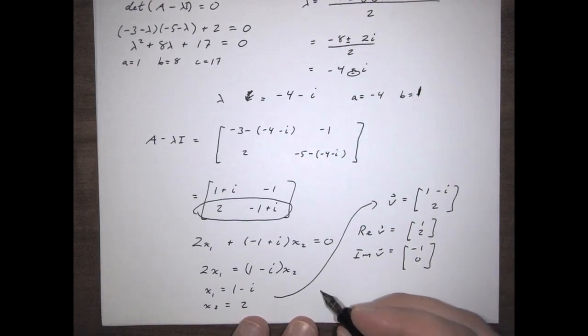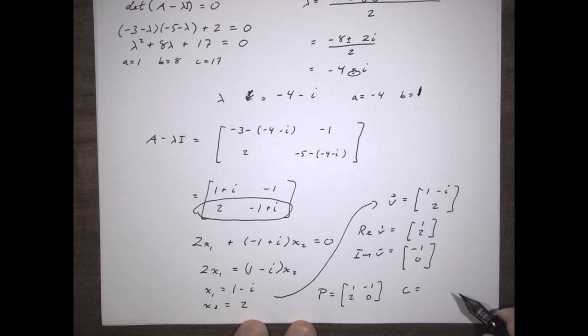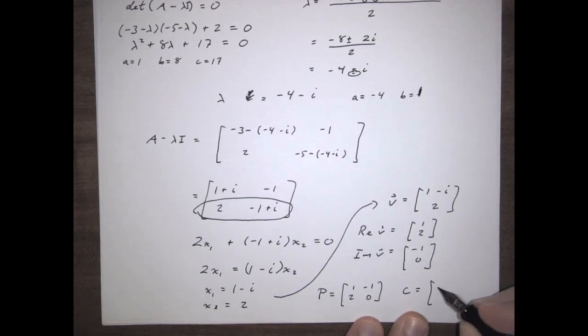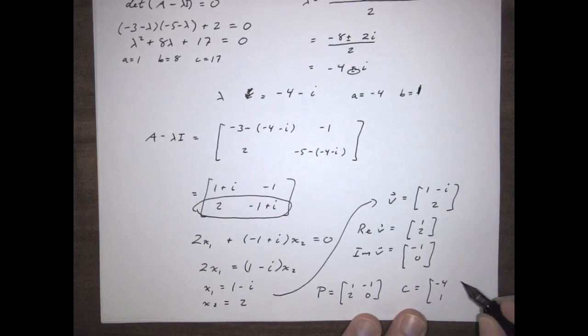So what that means is that P is going to equal 1, 2, -1, 0, and C is going to equal, so a is -4, b is 1, and then up here we'll have -b and a.